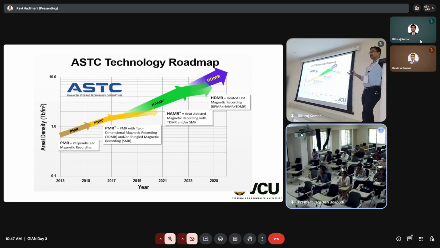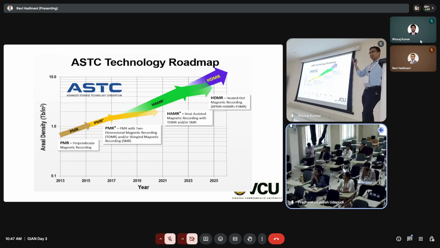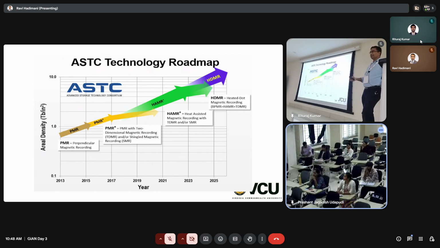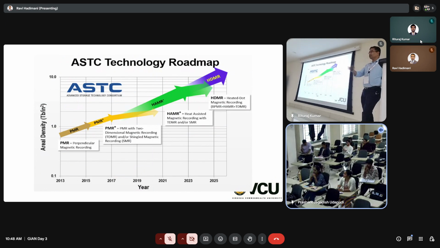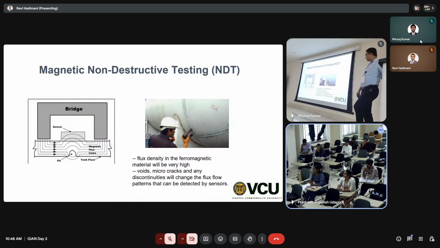Those are also good applications, but the market is not very big. They did not revolutionize the whole society. Imagine if we did not have the data storage which was enabled by magnetic storage, we would not have access to information so much.